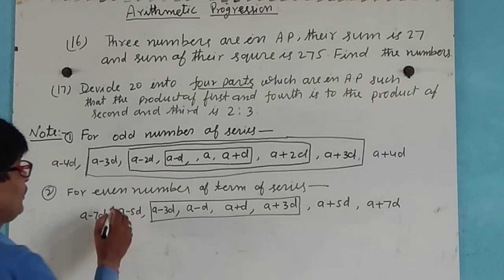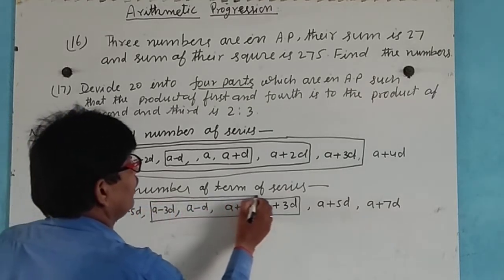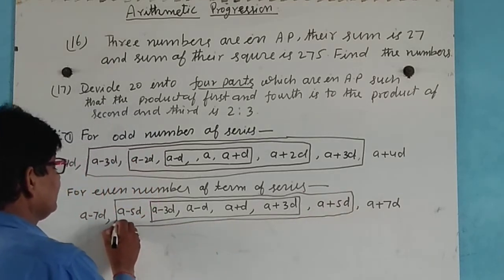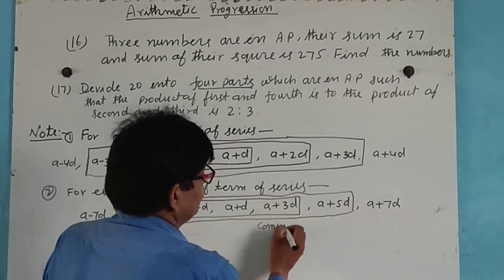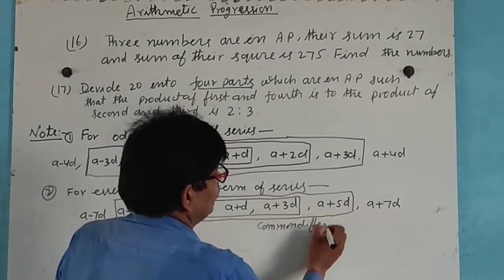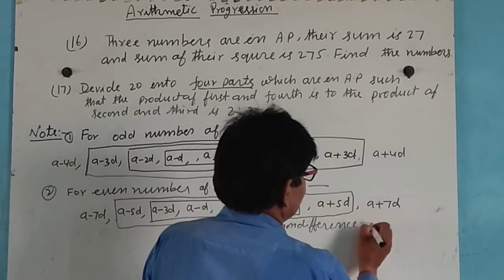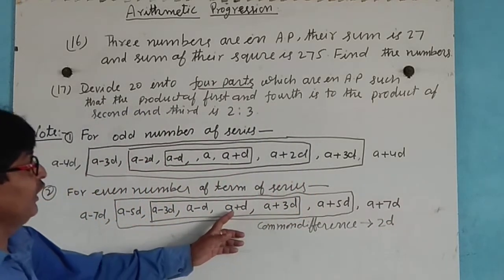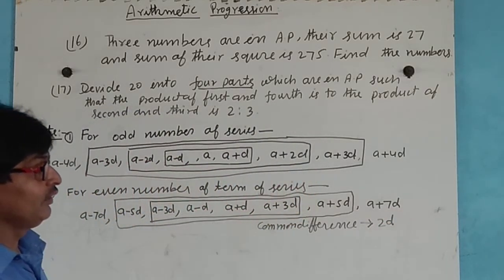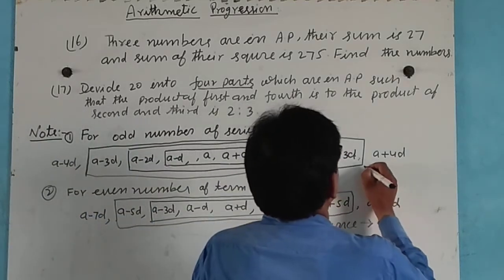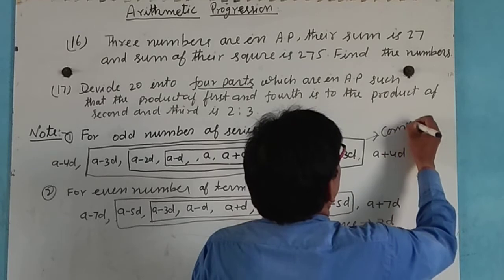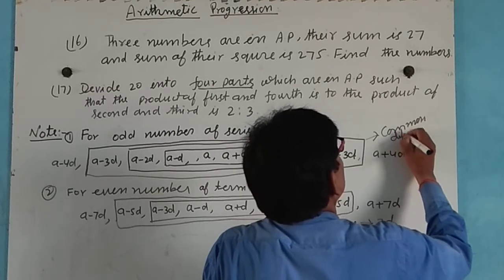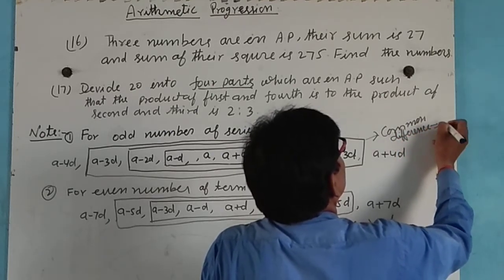We choose 6 terms, we take one term here and these terms here. In this case the common difference is 2D, and if we subtract, the common difference is equal to D.